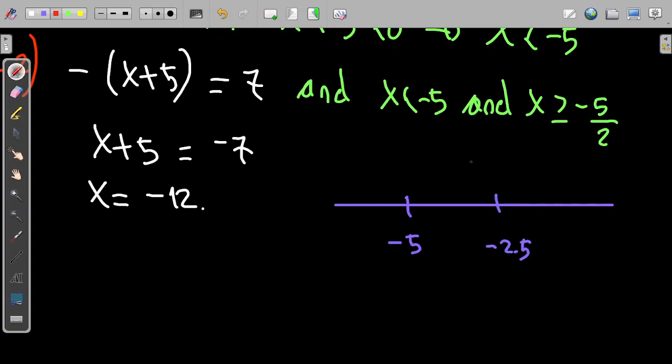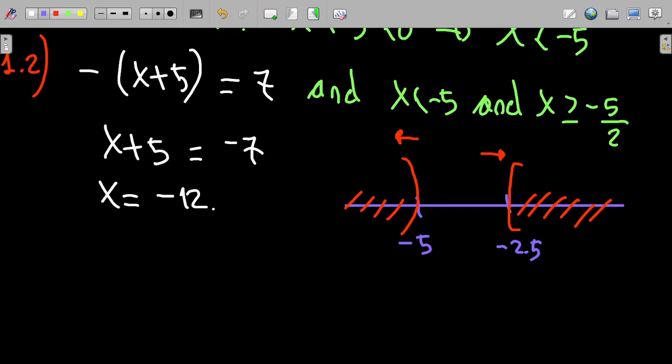For negative 2.5, we take all the numbers to the right, but here we need to take all the numbers to the left of negative 5, and it is an open interval. So we don't have any intersection, so in this case equation 1.2 doesn't make sense.